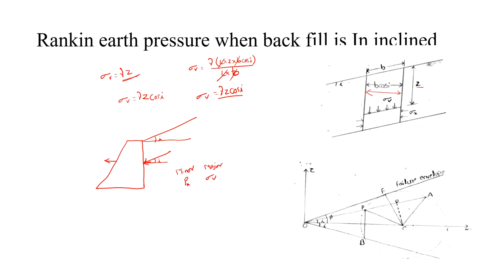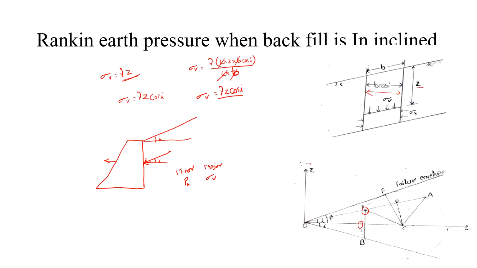So in horizontal condition, when the Mohr circle touches the failure envelope, the corresponding horizontal stresses we considered on the horizontal plane. Similarly, here we are considering one inclined plane, inclined the same as the backfill. So here also the Mohr circle will touch the failure envelope. At that time, the corresponding horizontal stresses on the inclined plane, here, the horizontal stress at the inclined plane is here.